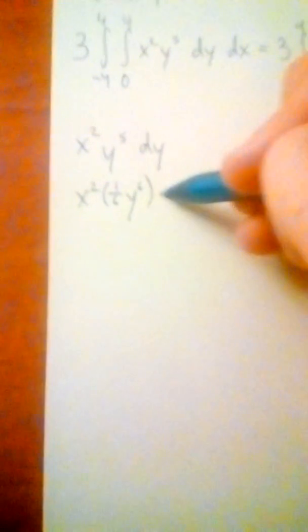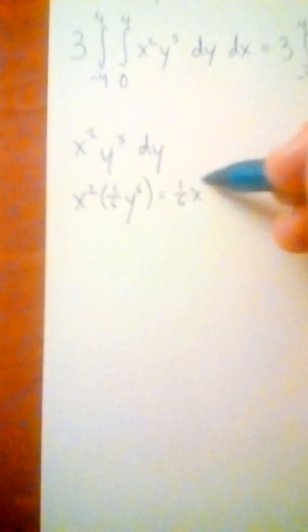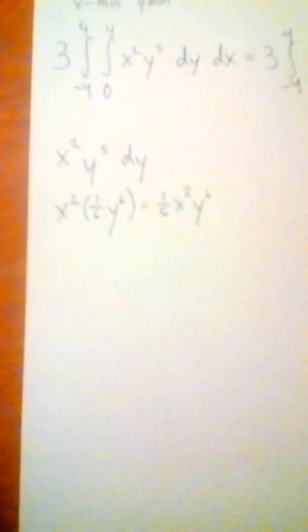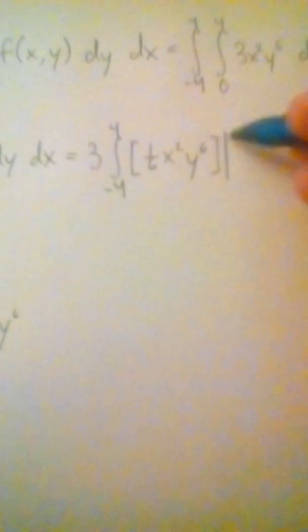I'm assuming you guys already knew that. Equaling 1/6 x squared y to the 6th. So we can fill in that part right here, 1/6 x squared y to the 6th, with the boundaries being 4 and 0 for now. Then you got the dx at the end, because we still have to integrate that.